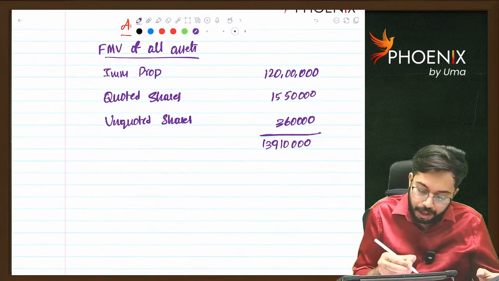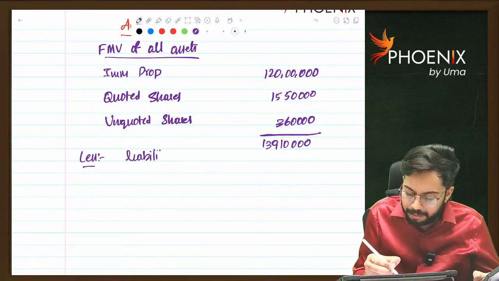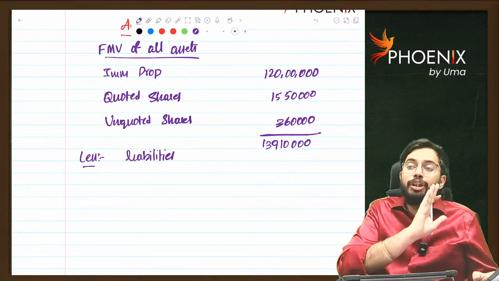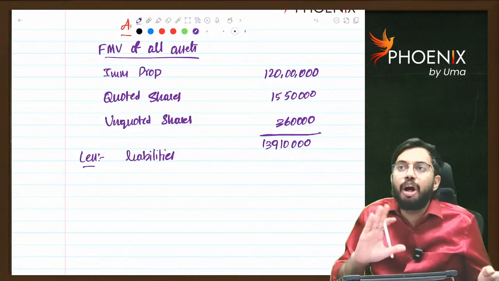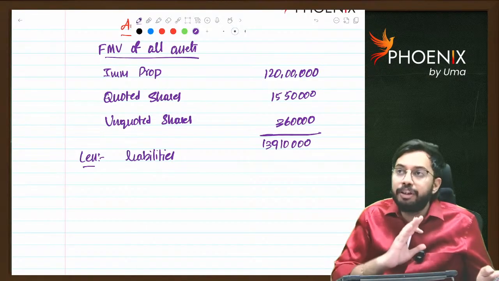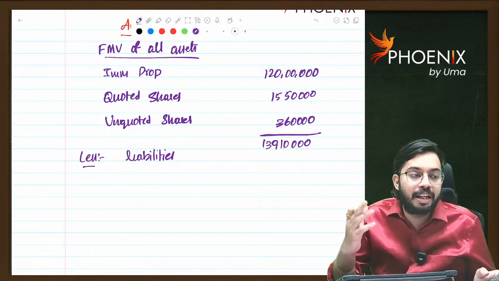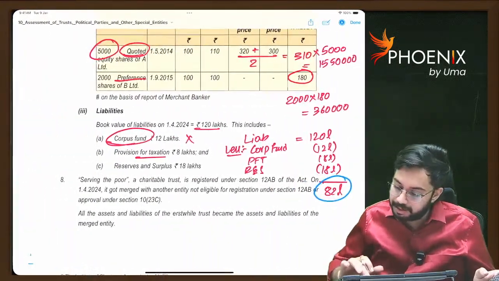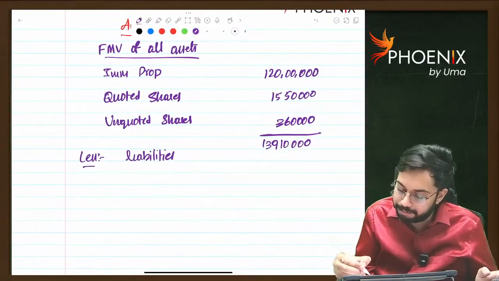From this we are going to reduce liabilities. We have calculated liabilities. While calculating liabilities, we should not consider corpus fund, reserves and surplus, any reserve for dividend, provision for tax, or provision for unascertained or contingent liabilities. So we have calculated 82 lakh rupees.